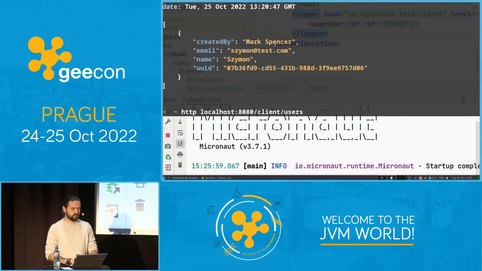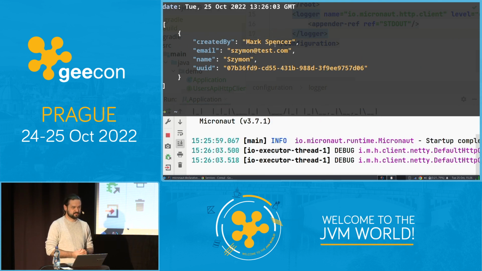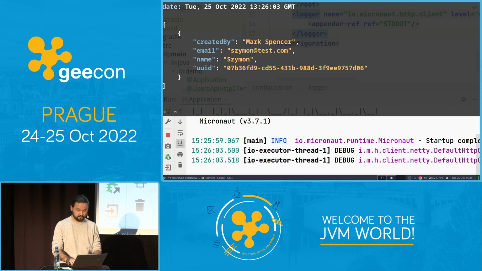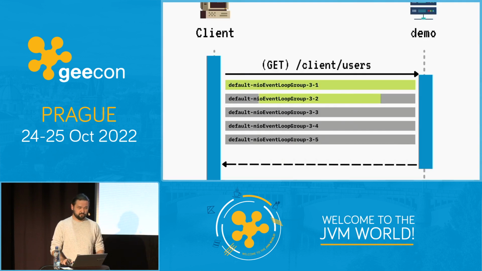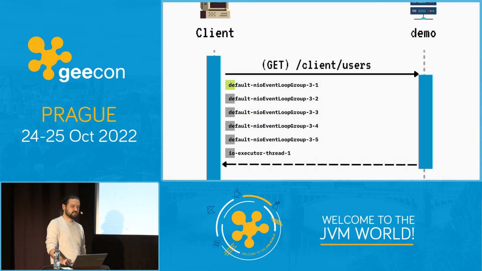And if we run the call again here, now you can see in the logs that this HTTP client used IO executor thread number 1, because if we go back to our illustration, here's what's happening.